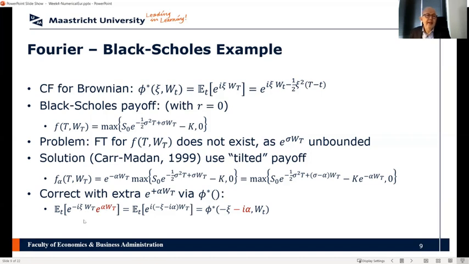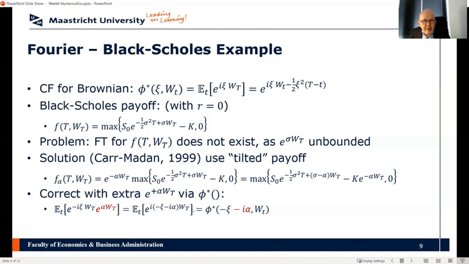And how does this work? If I consider the characteristic function e to the power minus i xi Wt times e to the power plus alpha Wt, I can bring these exponentials together, and remember that i times i is -1. So i times minus i is +1. So I can split this e to the power minus i xi W plus alpha W as e to the power, and then within parentheses minus xi and minus i alpha.